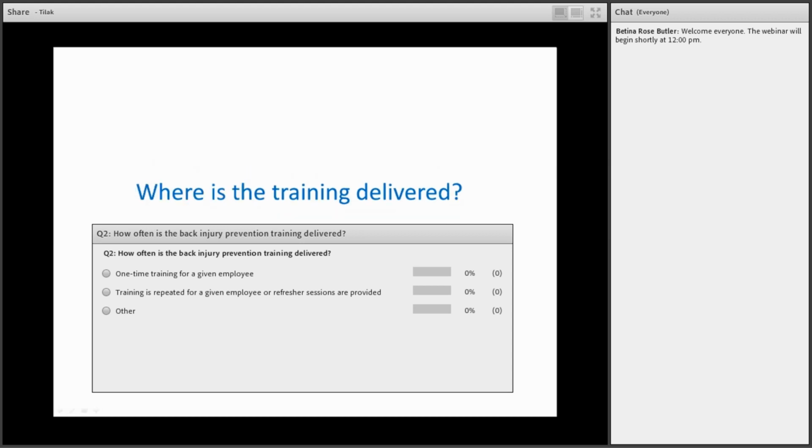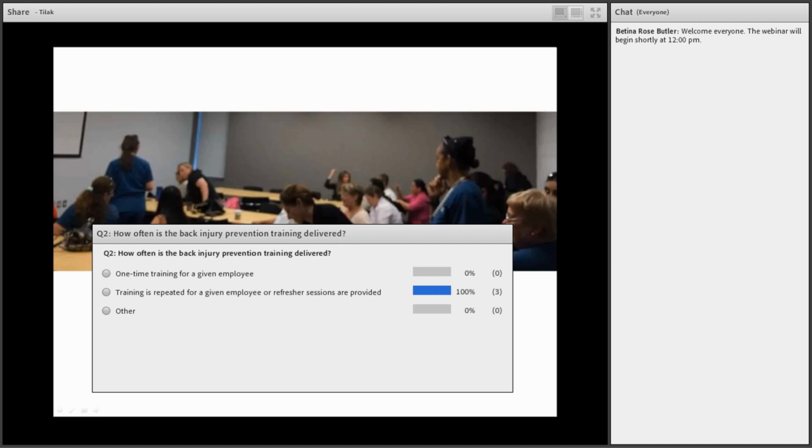And I'll tell you what I've experienced in my work with personal support workers. It's been in classroom environments like this.